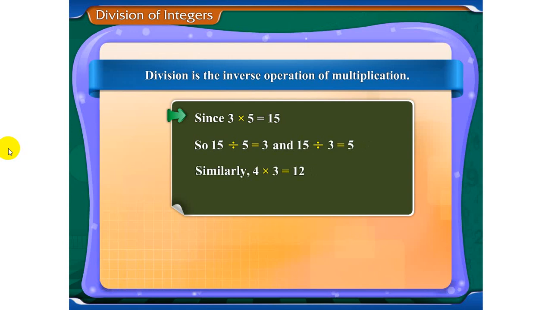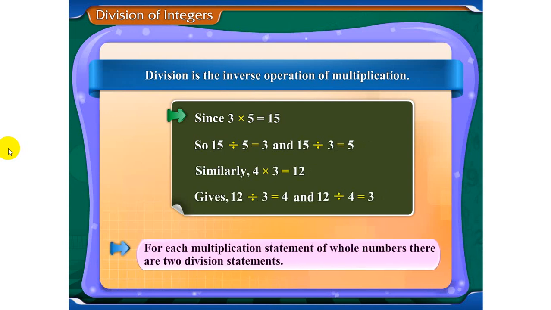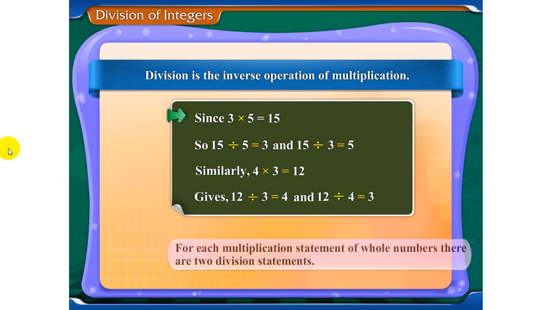Similarly, 4 multiplied by 3 is equal to 12 gives 12 divided by 3 equals 4, and 12 divided by 4 equals 3. We can say for each multiplication statement of whole numbers, there are 2 division statements.